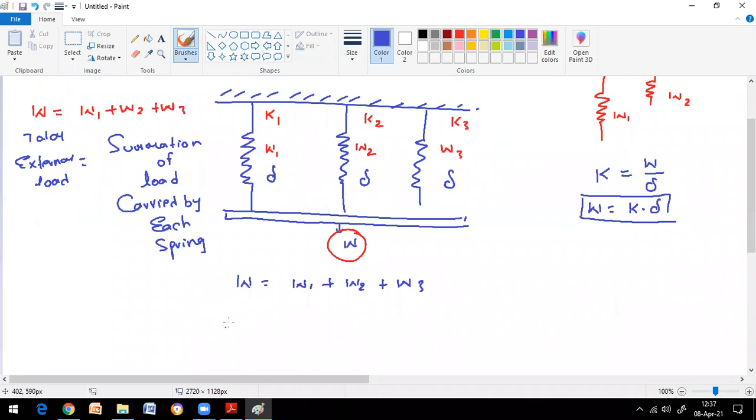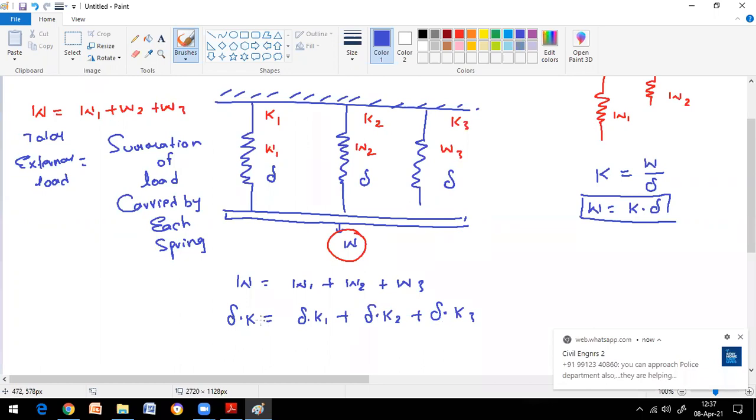So delta into K is equal to delta into K1 plus delta into K2 plus delta into K3. Finally, delta is constant.